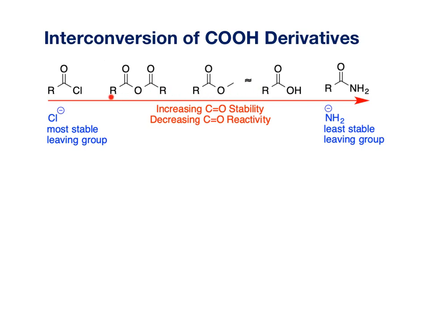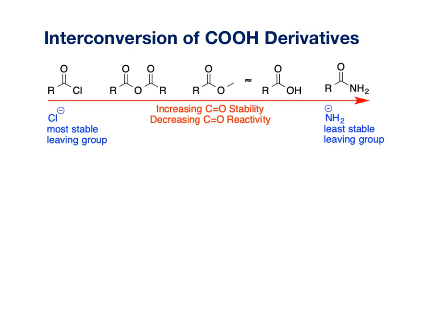And then that follows a continuum down here to the acid chloride. It is the least stable derivative, and it's the most reactive, and the reason is because Cl minus is the most stable leaving group, so it can leave easily.